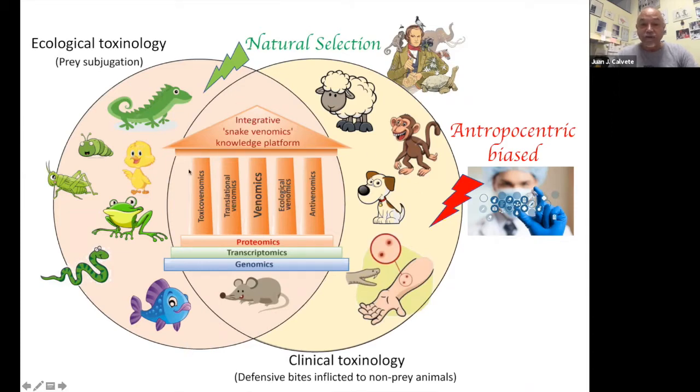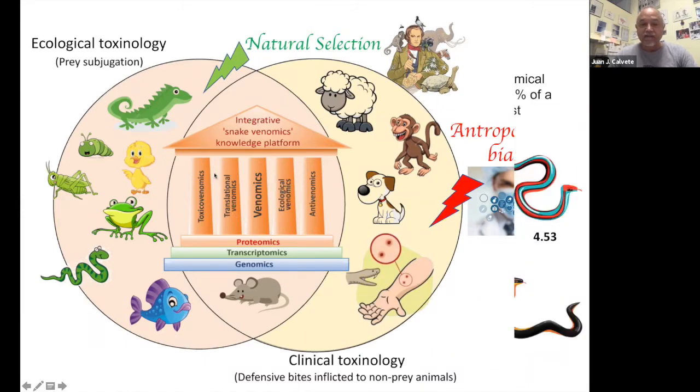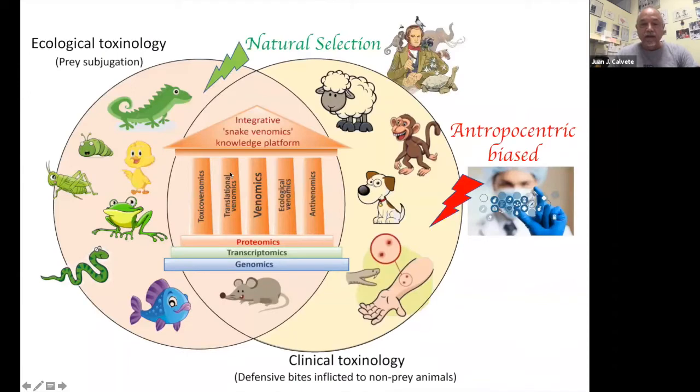And they have also something in common, which is technology. We have several aspects of venom research, like general venomics, but also ecological venomics, translational venomics, etc. And as you mentioned, antivenomics, and all of them are based on omic technologies: genomic, transcriptomic, proteomic.